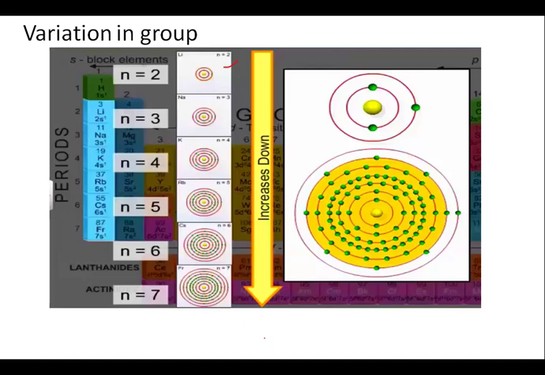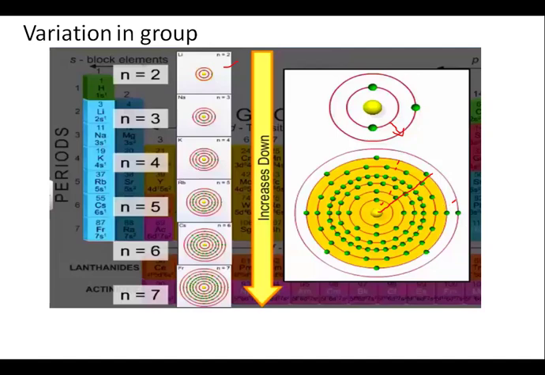7 shells. So basically it's due to addition of a new shell which overcomes the increased nuclear charge, hence the size goes on increasing as we move down the group. You can see the difference, 2 shells were there and now there are 7 shells, 1, 2, 3, 4, 5, 6 and 7 shells.